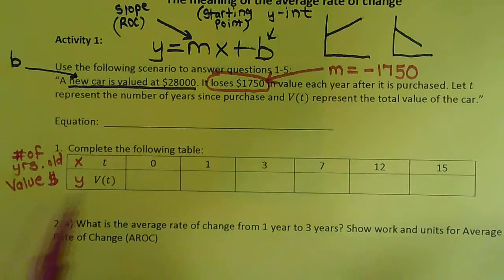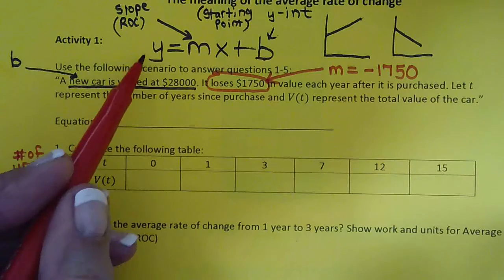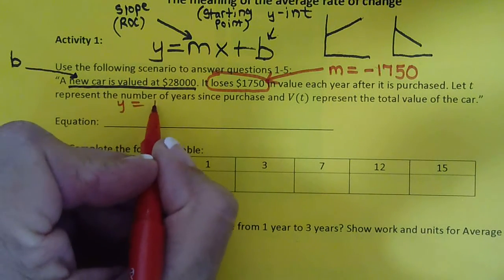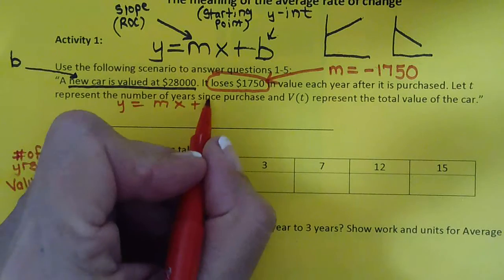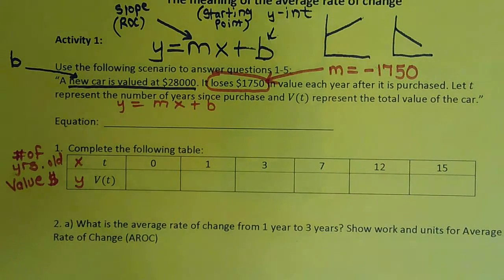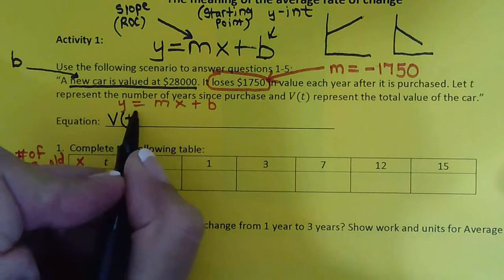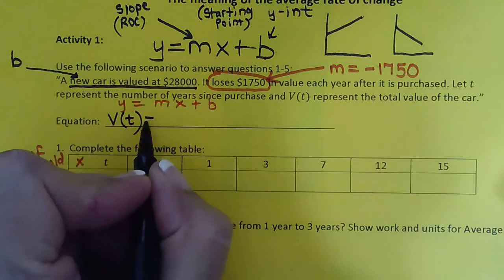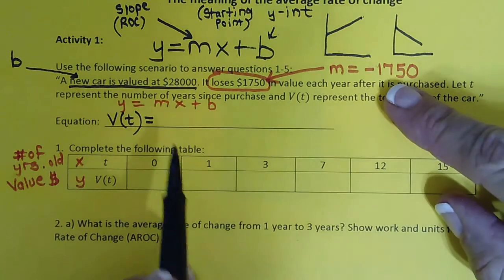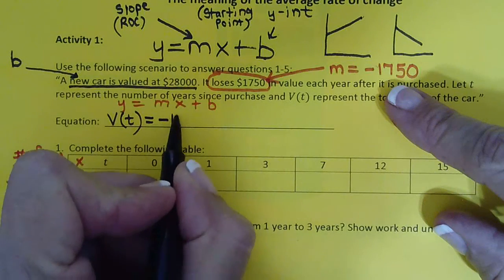Okay, so now we're going to take y equals mx plus b, and we're going to fill in. So I'm going to put it right here, right above y equals mx plus b. And right below it, we're going to fill in what they're using for each of those. So what are they using for y? V of t. So replace it with V of t. So everything will be in this form. You just have to use the letters, numbers they give you. M, we already identified. M is a slope, how fast things are changing. So that would be negative 1750.